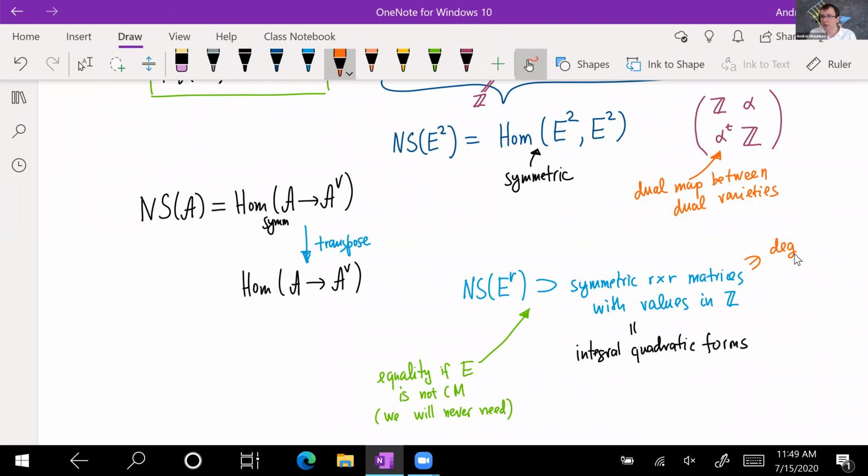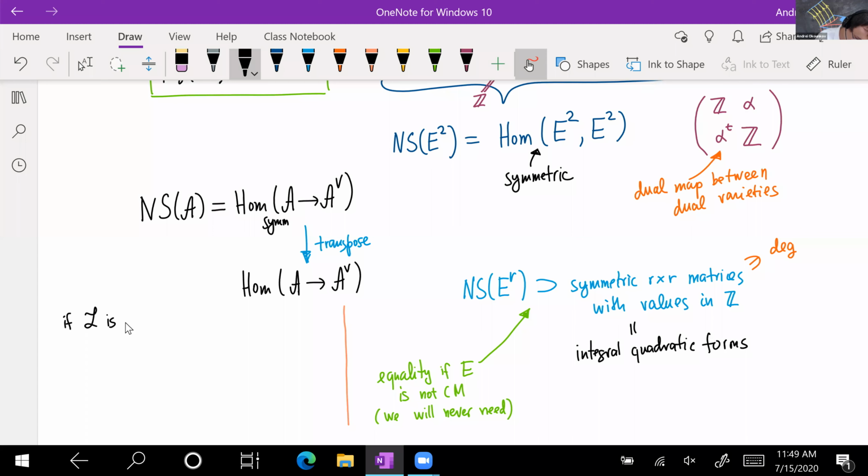Maybe one more general remark about this map here.